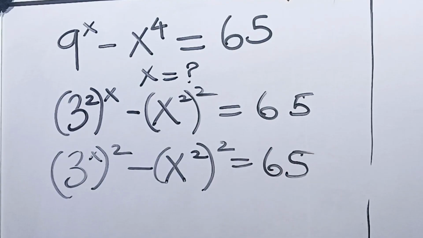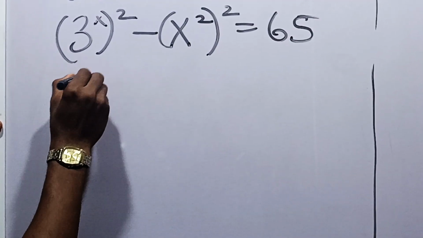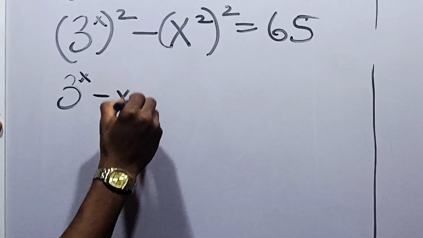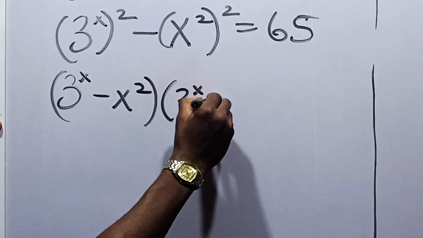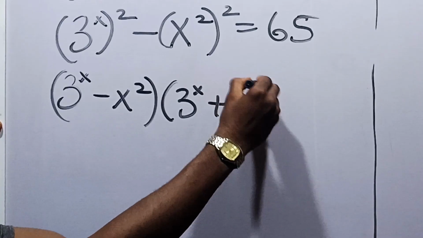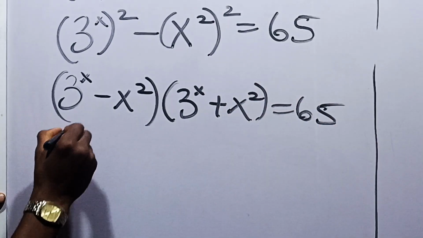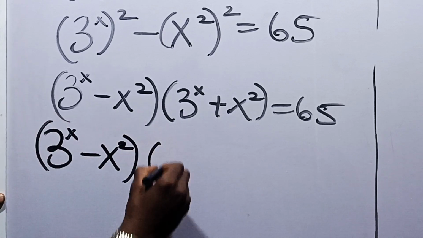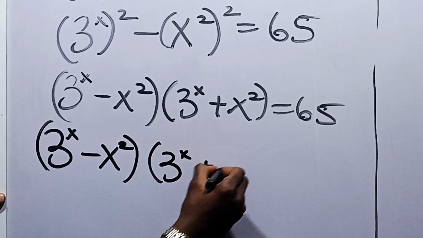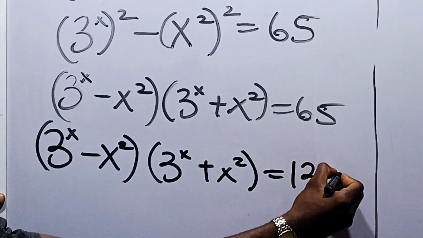This becomes 3 raised to power x minus x raised to power 2 multiplied by 3 raised to power x plus x raised to power 2 is equal to 65. That is, 3 raised to power x minus x squared multiplied by 3 raised to power x plus x squared is equal to 13 times 5.